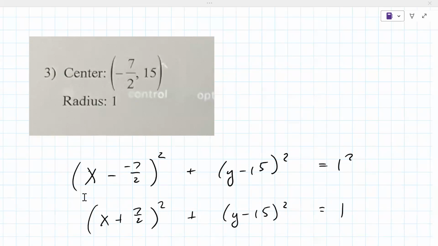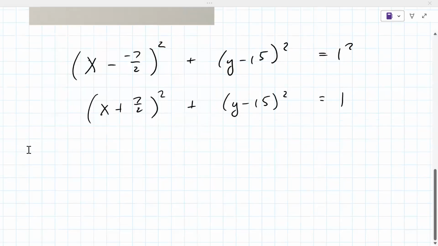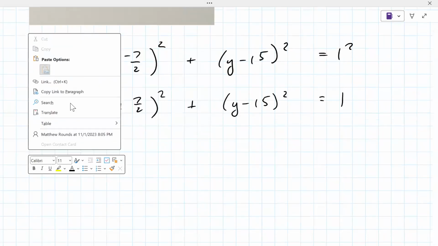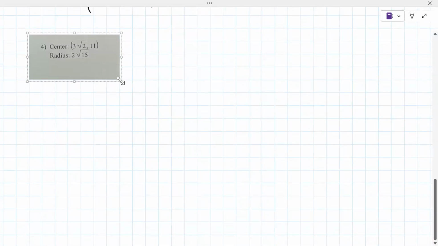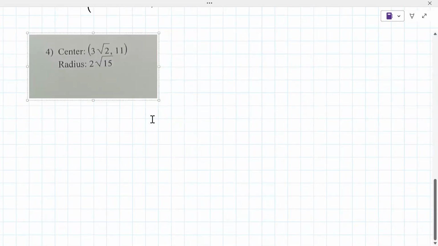Yeah. If you were to expand this, you'd get some fractions and you could multiply and maybe get rid of a few things, but in this form, that's all you got. So, okay, all right. We got the center and the radius.